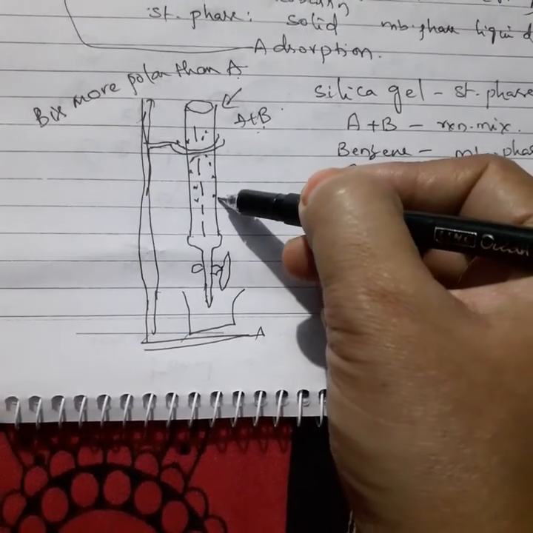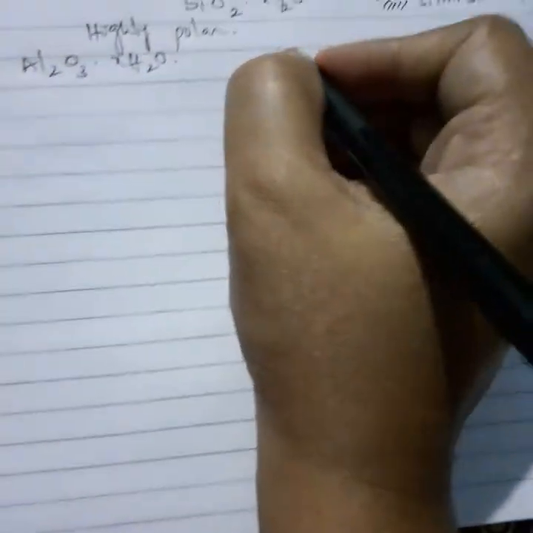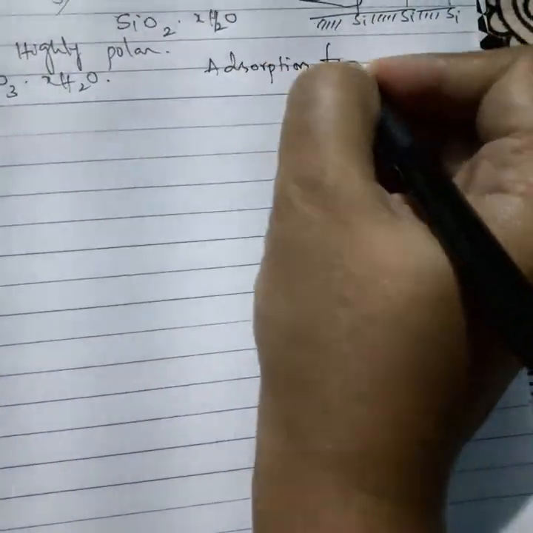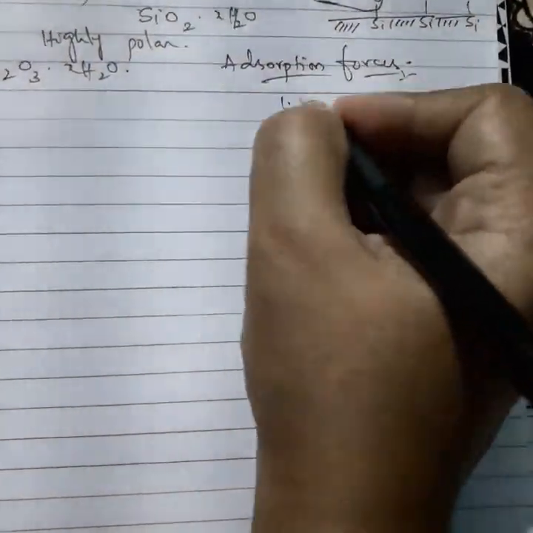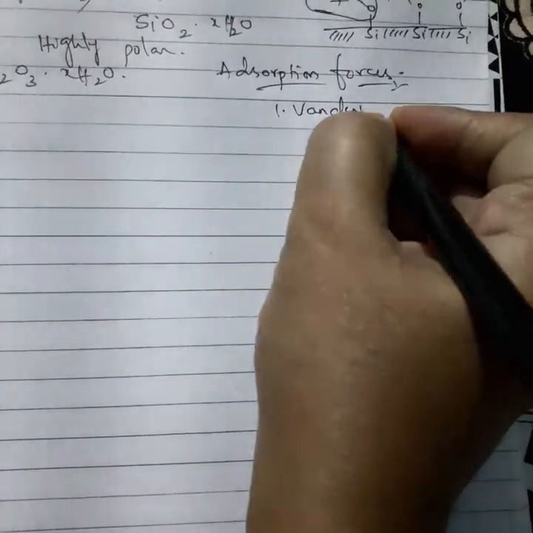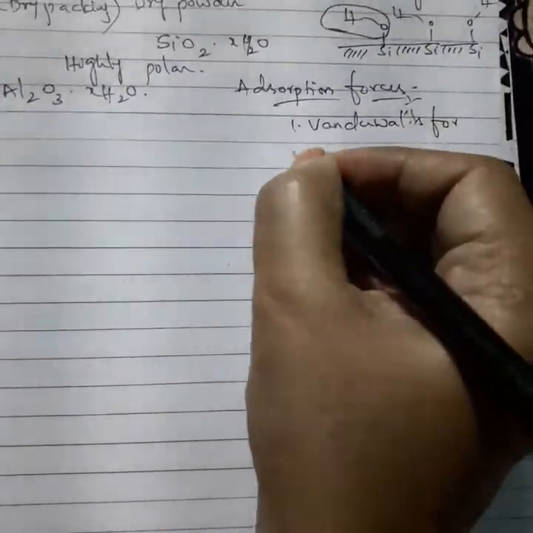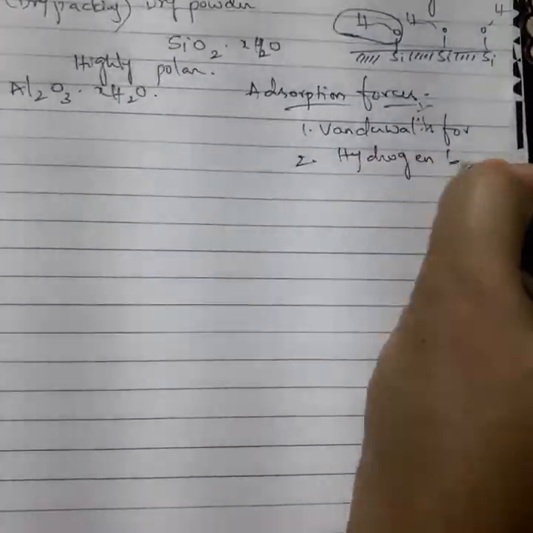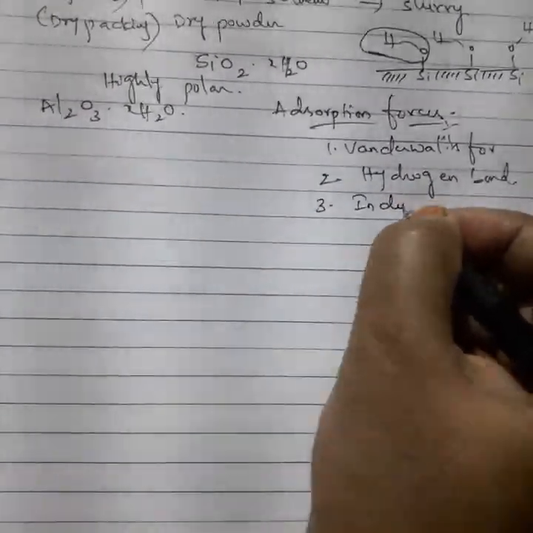How B adsorbs to this stationary phase, we are now going to study: the adsorption forces. What are those adsorption forces? First one is van der Waals forces, second one is hydrogen bonding, and the third one is inductive effect.